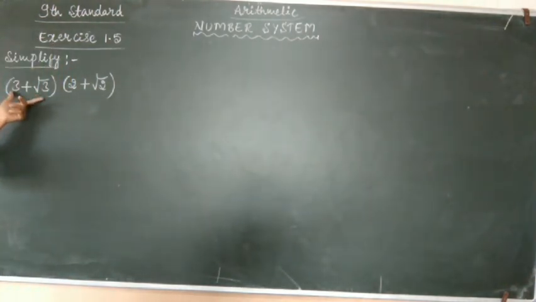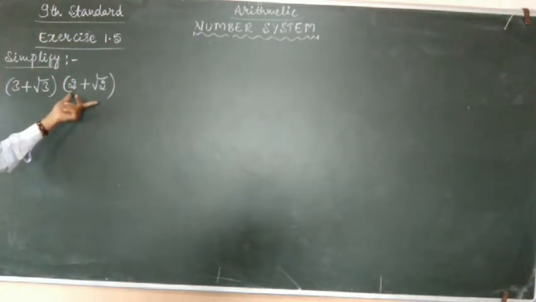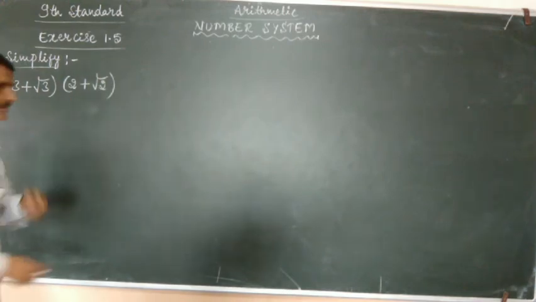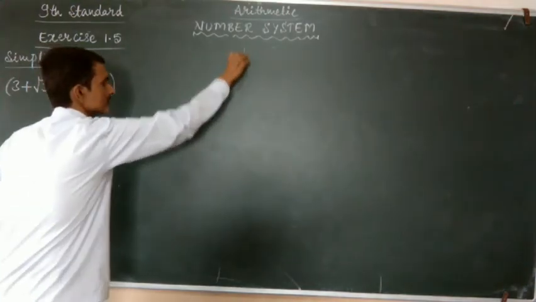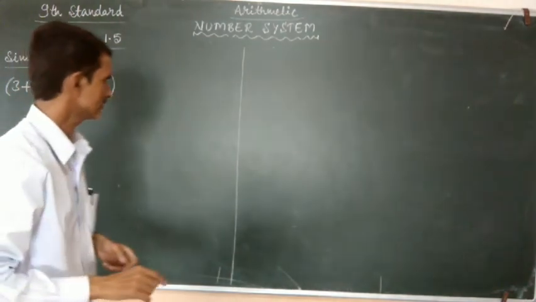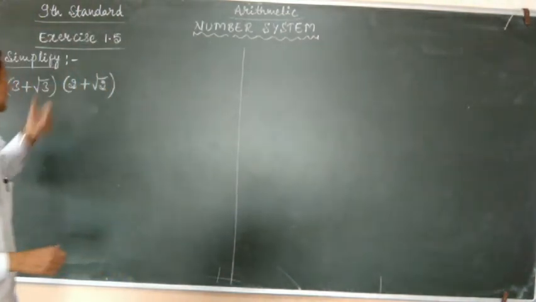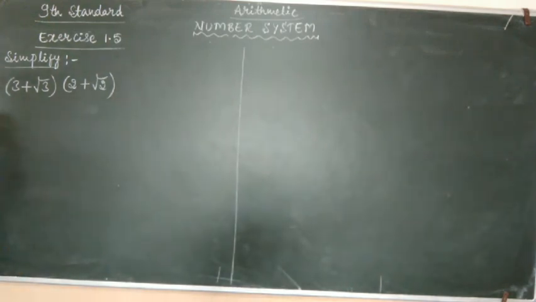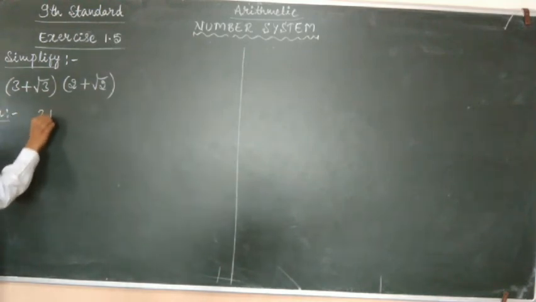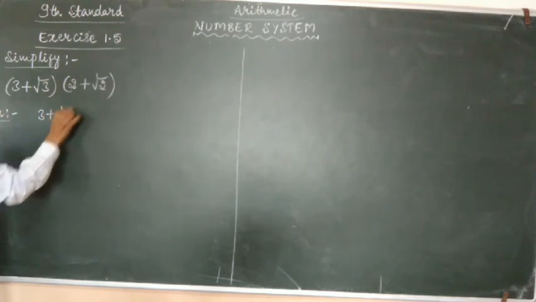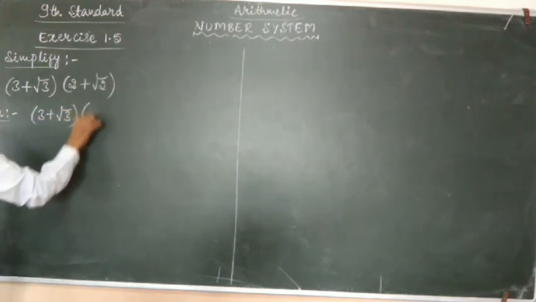Here we are going to multiply both the numbers. The solution is, first we will write the given problem, 3 plus root 3 into 2 plus root 2.